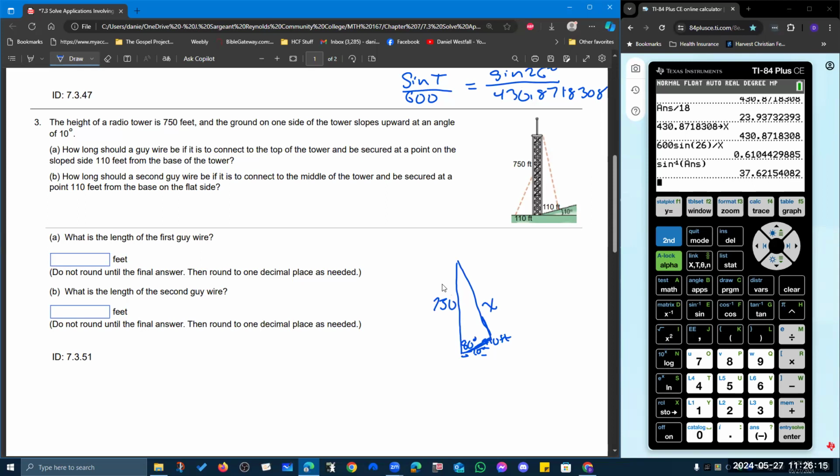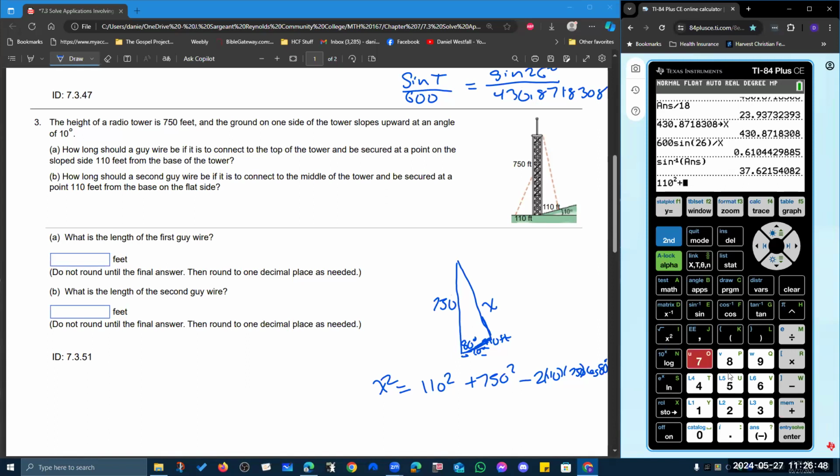So we can say that x squared equals 110 squared plus 750 squared minus 2 times 110 times 750 cosine of 80 degrees.